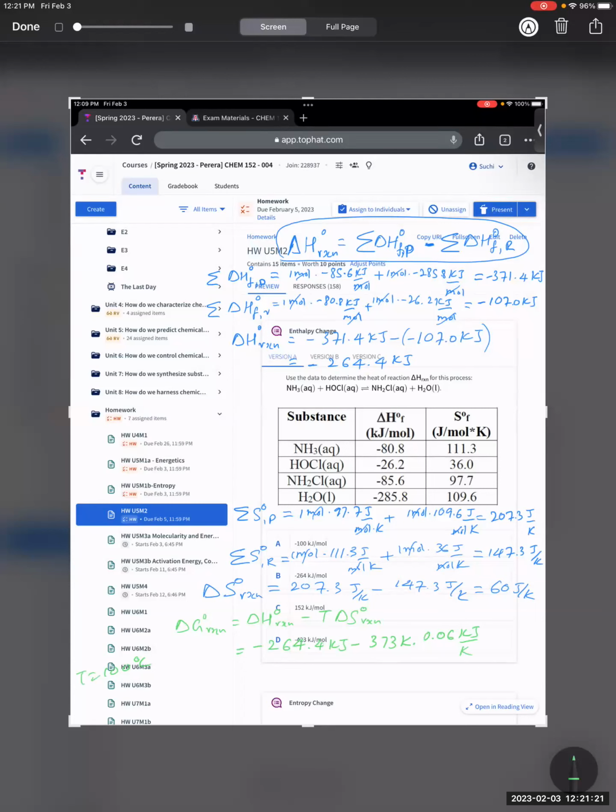Okay, and now obviously this is going to be a negative value.